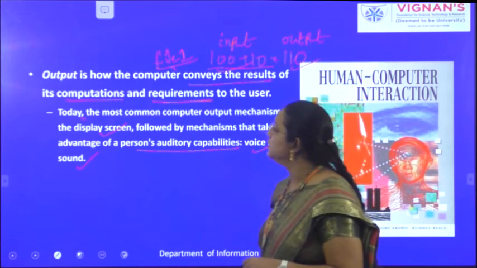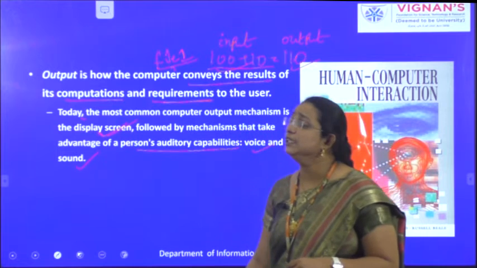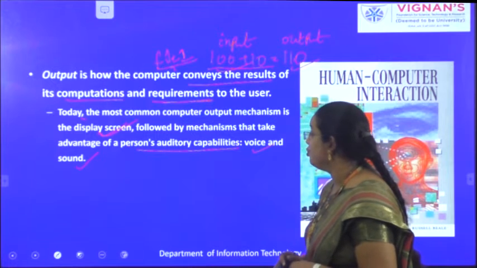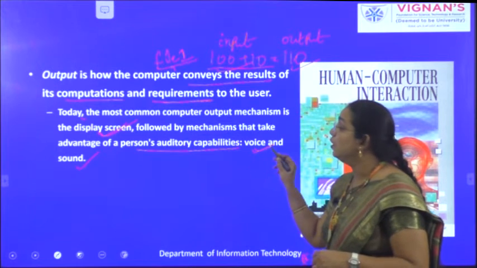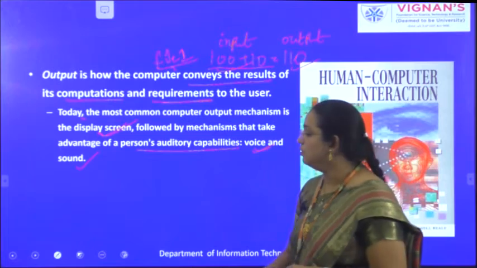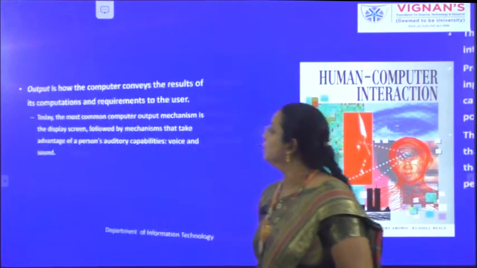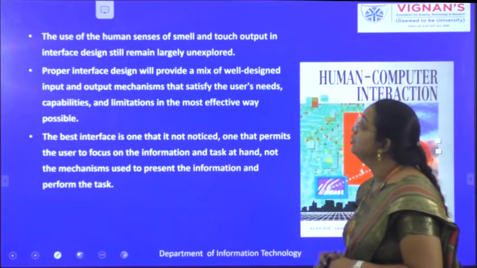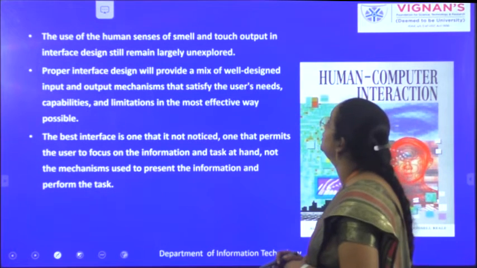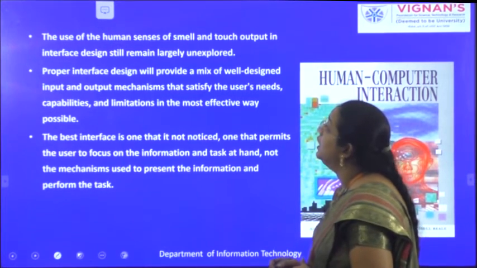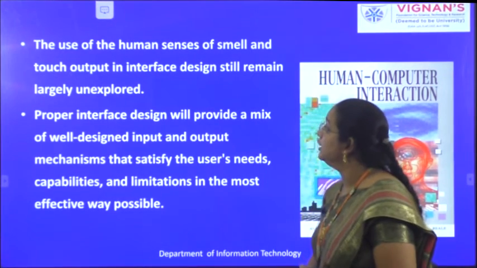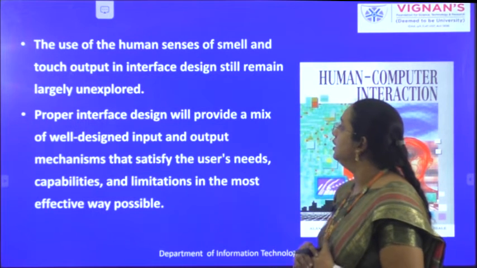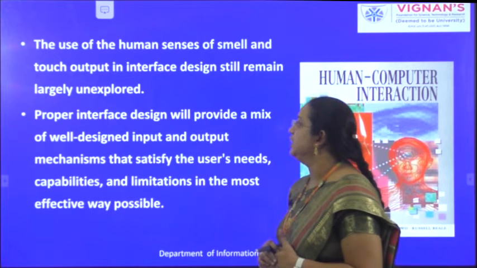What are the components which are used? Here we are mostly using display screens as the output devices, whereas the mechanisms that take advantage of personal auditory capabilities are voice and sound. The use of human senses of smell and touch in output for interface design still remains largely unexplored.